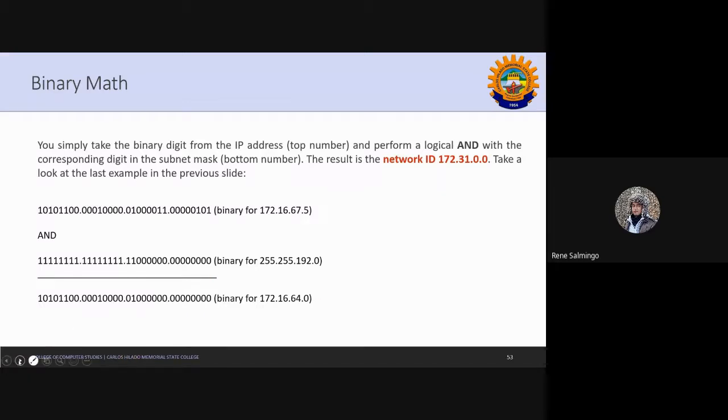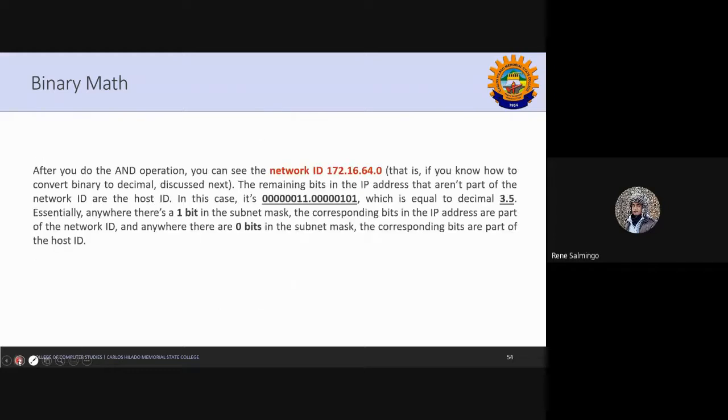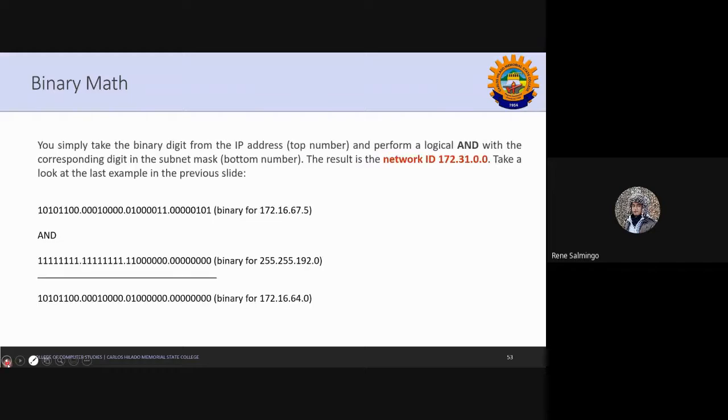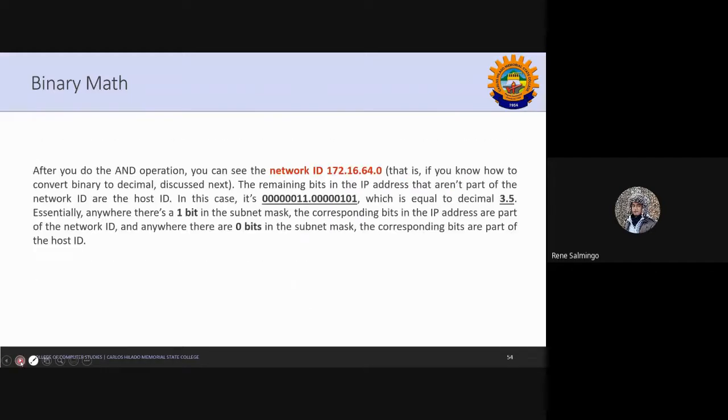Any questions on this? And how about this one? After you perform the AND operation, you can see the result, what we had in the previous slide, was this one. The remaining bits in the IP address that aren't part of the network ID are the host ID, in this case 3.5 in decimal.